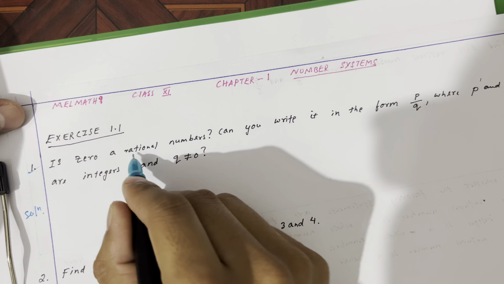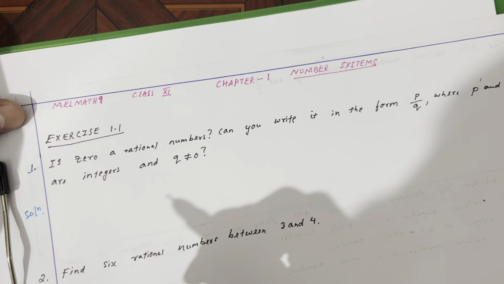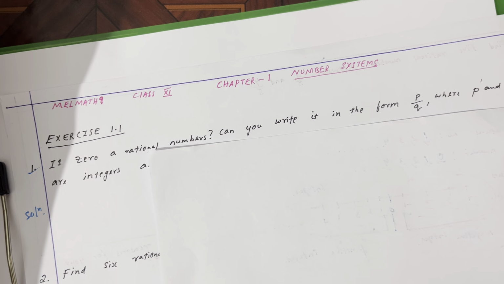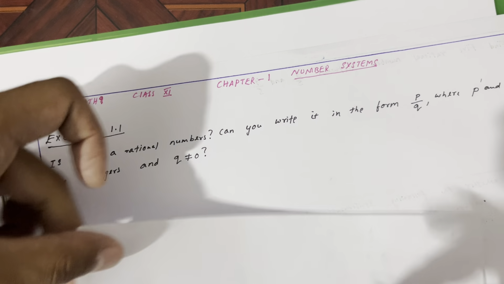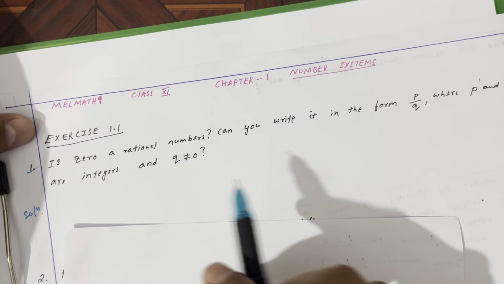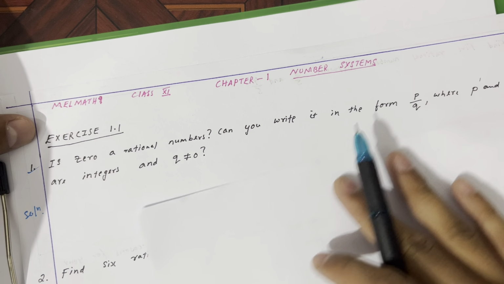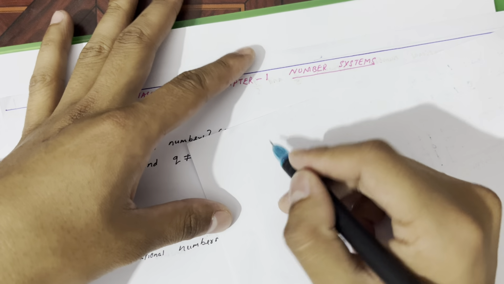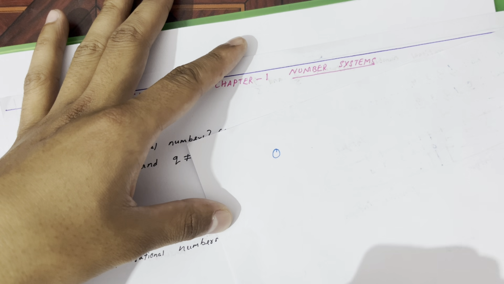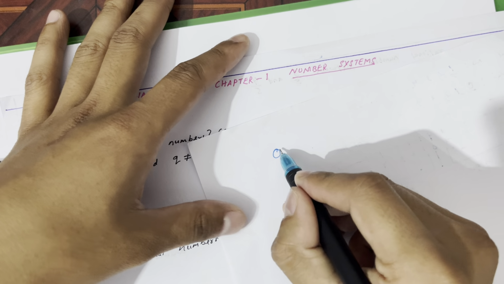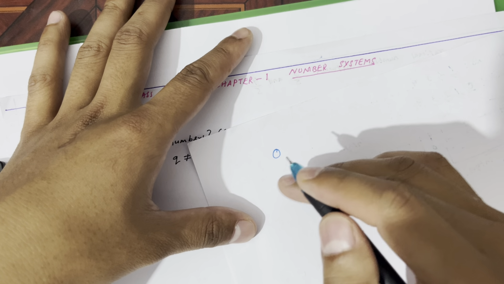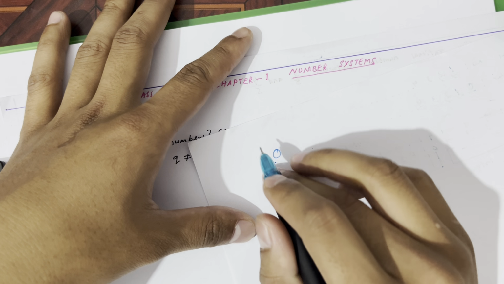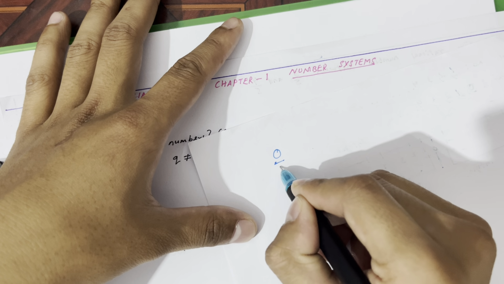Is 0 a rational number? Let us continue. If I write 0, and what is down below is 1.